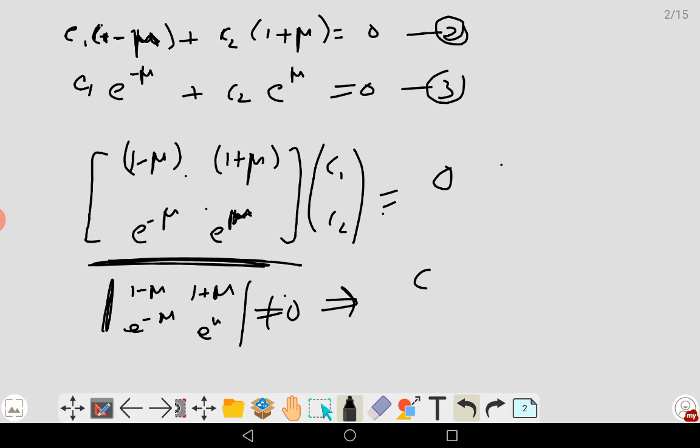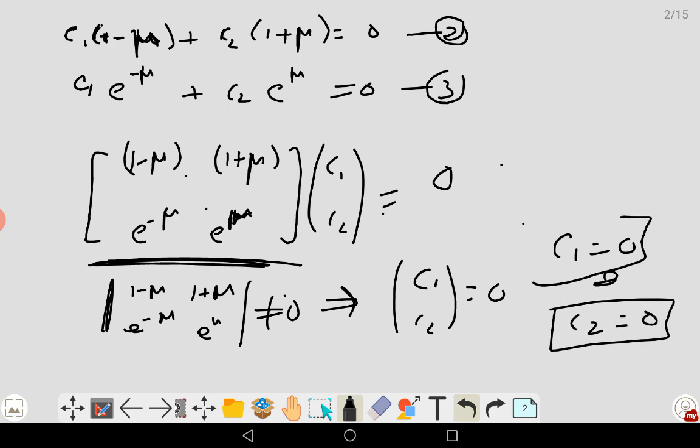This gives C1 and C2 should be 0. That is C1 equal to 0 and C2 equal to 0. What we get from this conclusion, the determinant cannot be 0. So the product of two elements are 0. Therefore second matrix should be a 0 matrix. C1 and C2 should be 0.